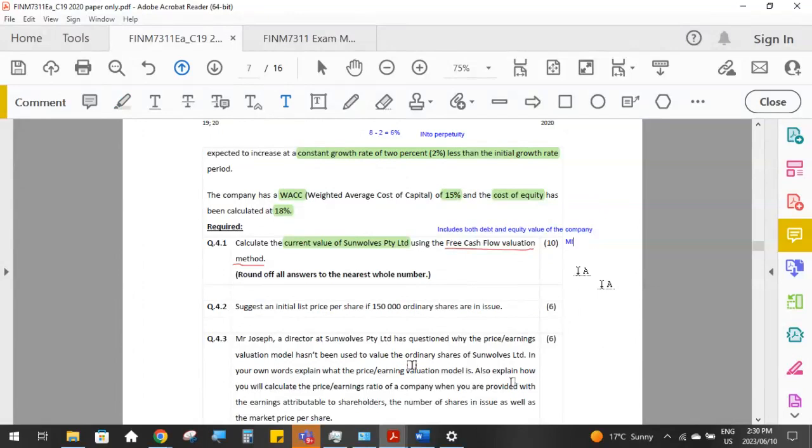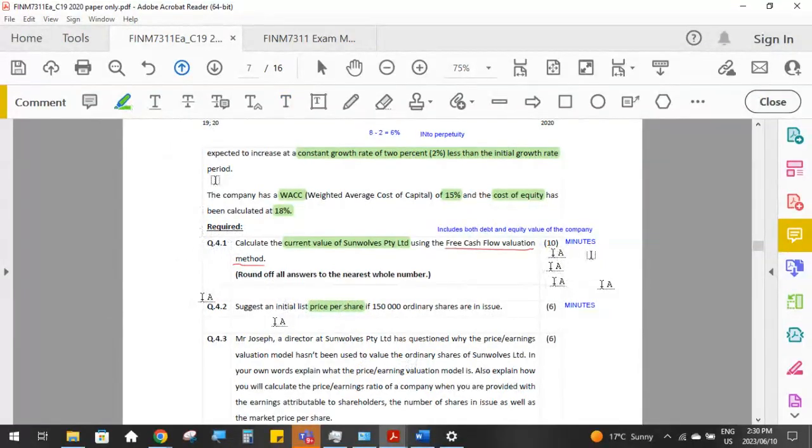This question is 10 marks, so you have only got 10 minutes to get that all down on the paper and move on to 4.2, where you have got 6 minutes to then calculate what is the price per share.